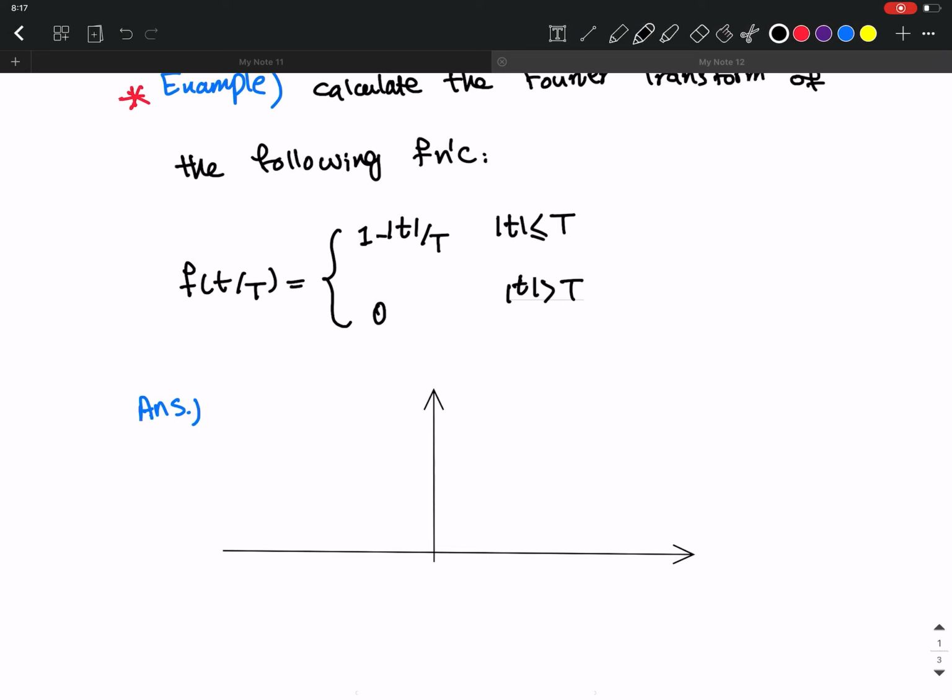So if this is t and this is f of t, this function is gonna look like something like this.